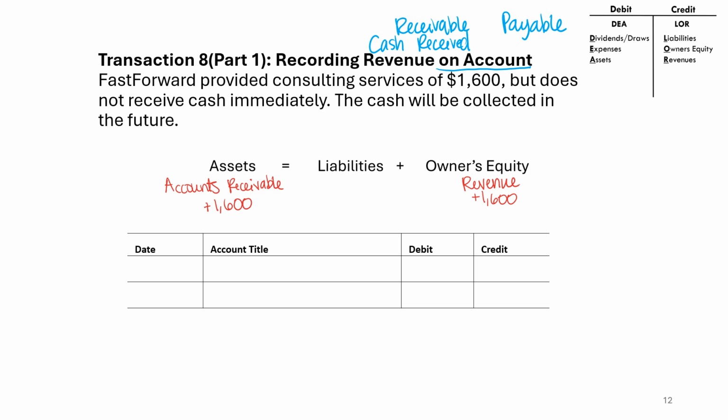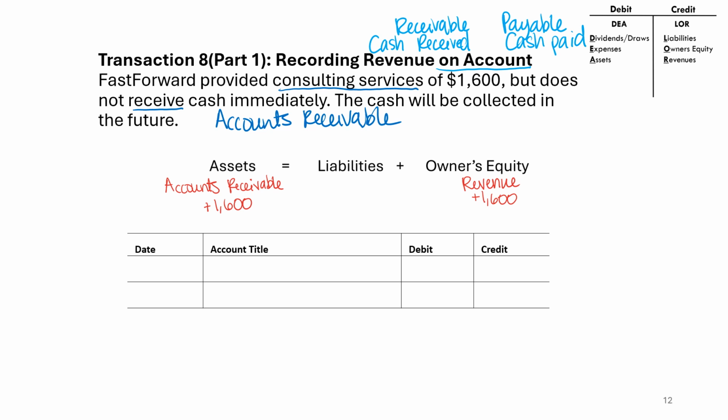It will be a payable if cash will be paid later. Fast Forward provided consulting services, so that's revenue, of $1,600, but does not receive cash immediately. The cash will be received in the future. So that means it will be accounts receivable.